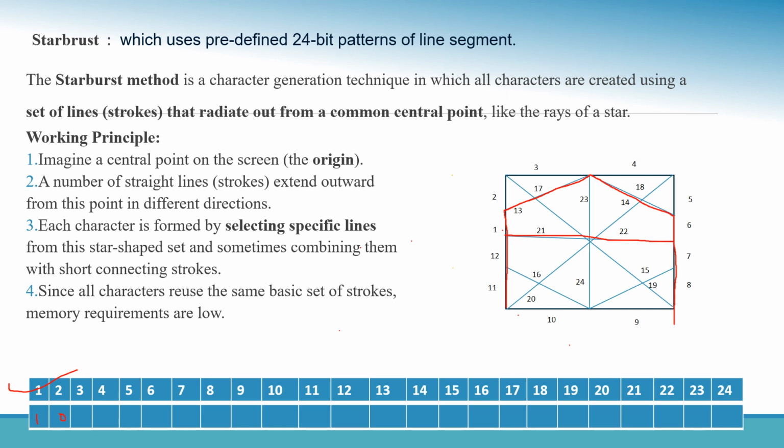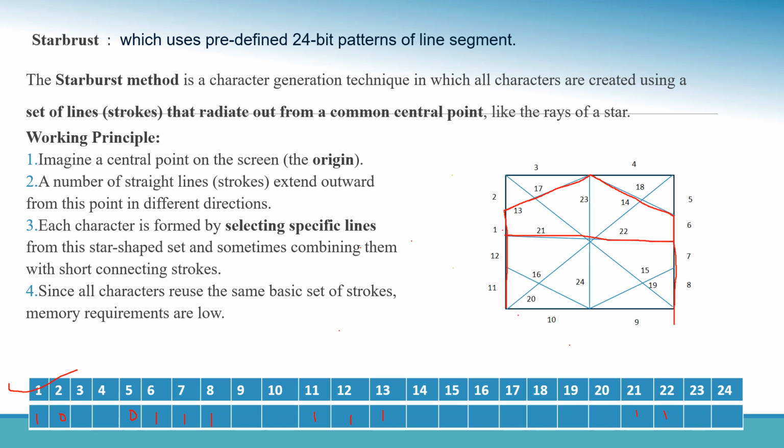Here we activated 1, 13, and 11, 12. This is a line, and here 5, sorry, 5 is not activated. Here 6 is activated, 7 and 8, and 21 and 22 are activated. The remaining are 0.